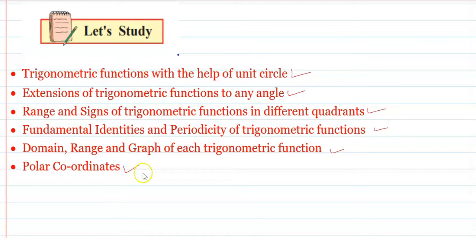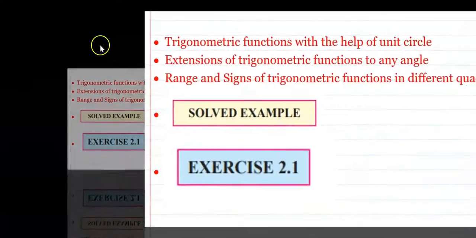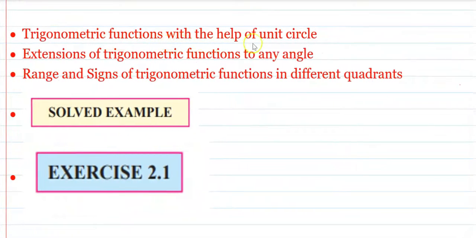In this video I will explain the trigonometric functions with the help of unit circle, extension of trigonometric functions to any angle, range and the sign of trigonometric functions in different quadrants, all solved examples and all examples from exercise 2.1.